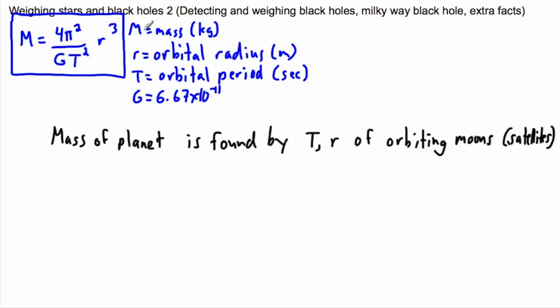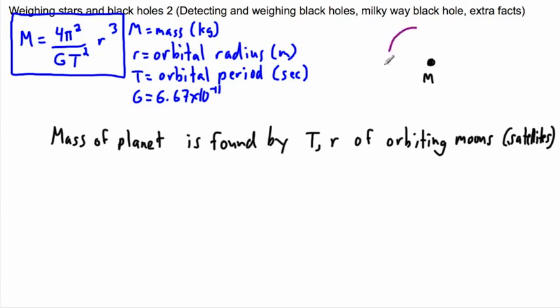Now keep in mind, I'm not just talking about a star anymore. It turns out this works more generically. So if we have an object in the center, which we want to know its mass, that's going to be its mass. And if we have something that's in orbit around it, maybe I'll use a different color to make it the same that I've been using before.